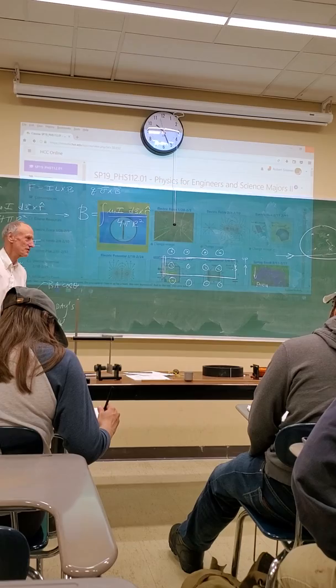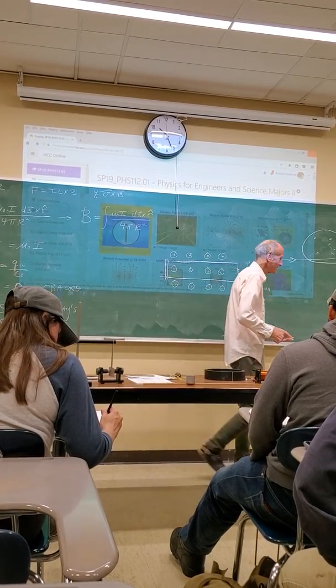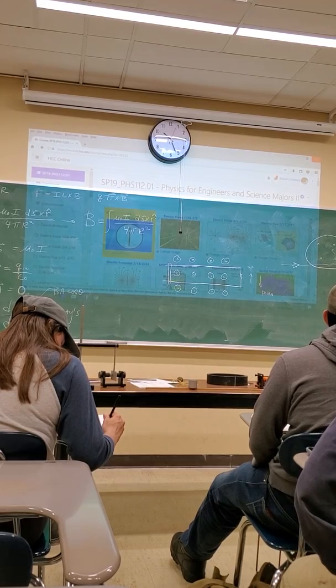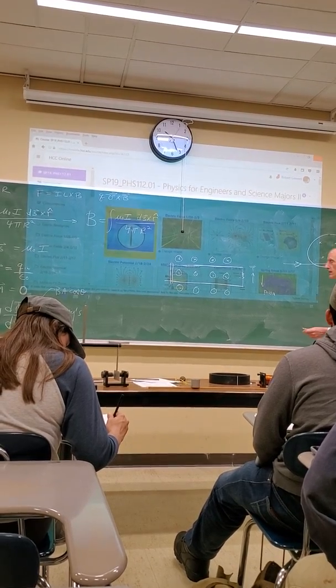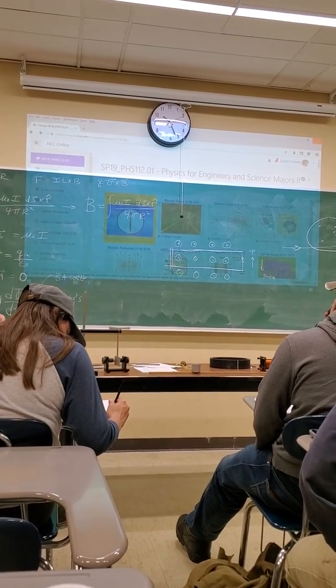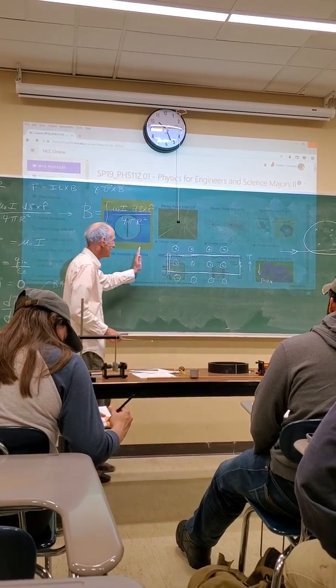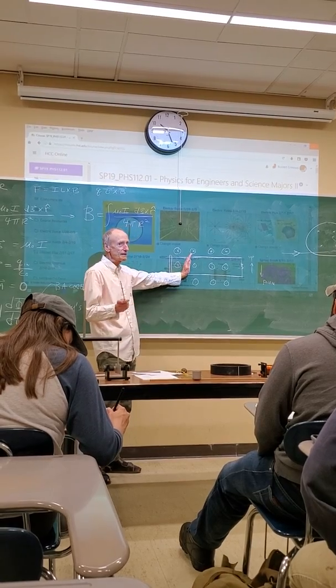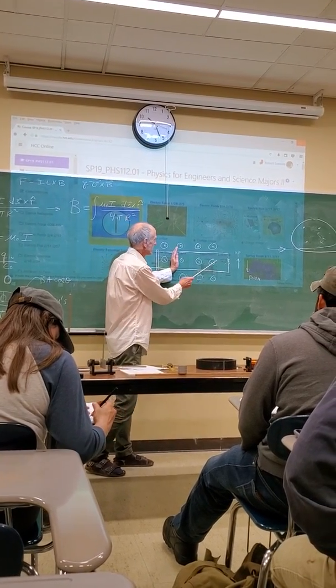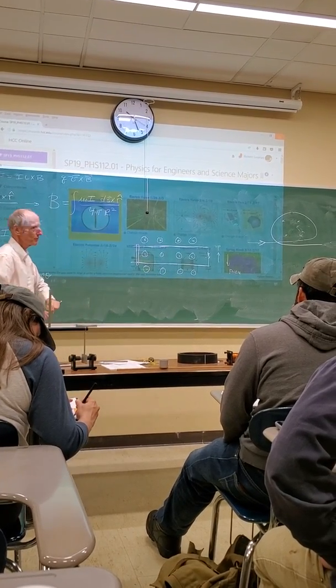So I can't just ask you if it's up or down, I'll have to ask you, is it up or down, and what's your reason? And I want your reason to be use Lenz's law. Okay, so I'm sliding this way. Go ahead, try it. Sliding this way. What's the direction of the current?